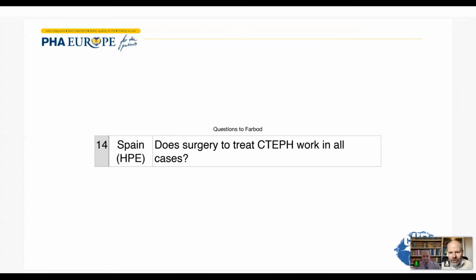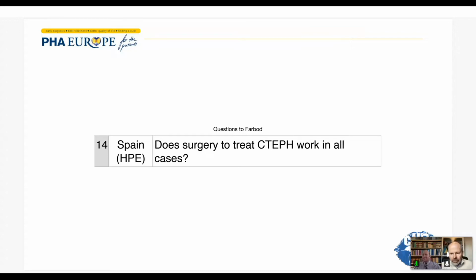So does surgery to treat CTEPH work in all cases? The answer is not in all cases, but in most experienced centers the numbers are north of 95%, in the sense that a significant amount of clot is removed and the patient's hemodynamics is improved post-surgery.